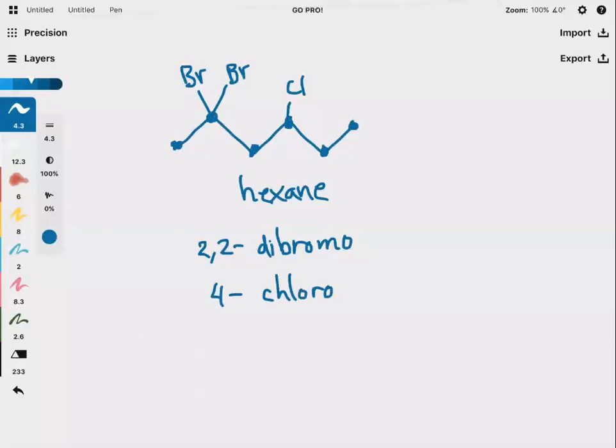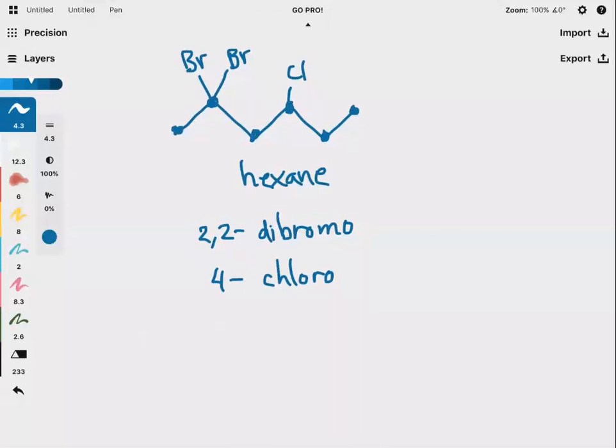So now when we write out our structure's name, we have a dilemma. Do we want to write the chloro first because C in the alphabet is before a D, or do we want to write the dibromo first?